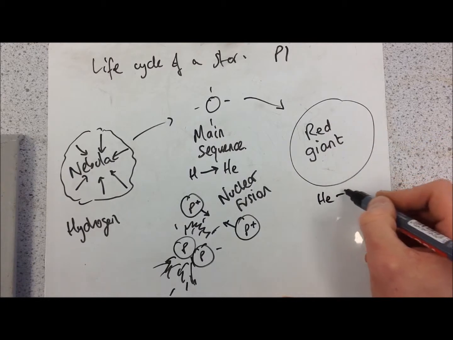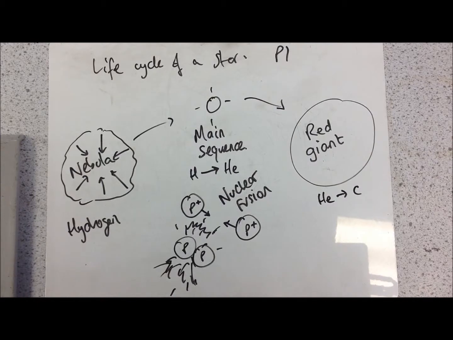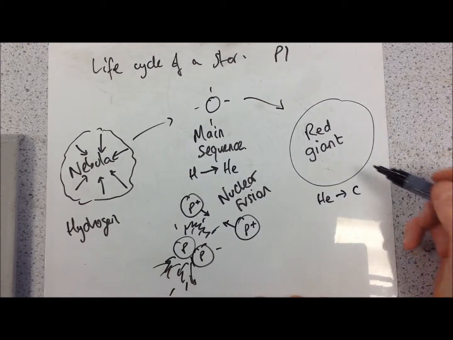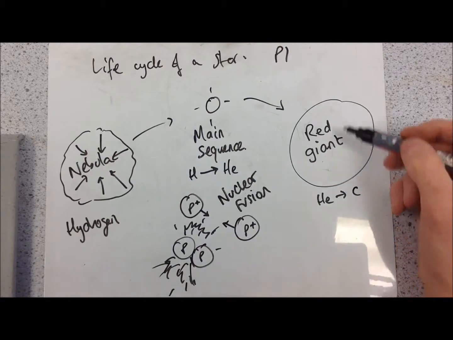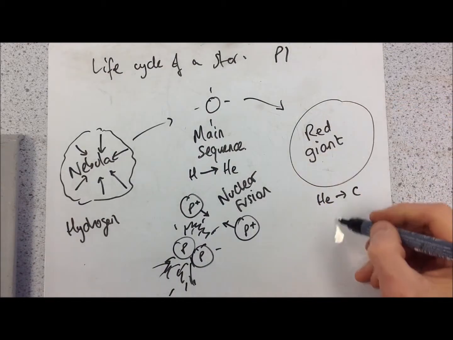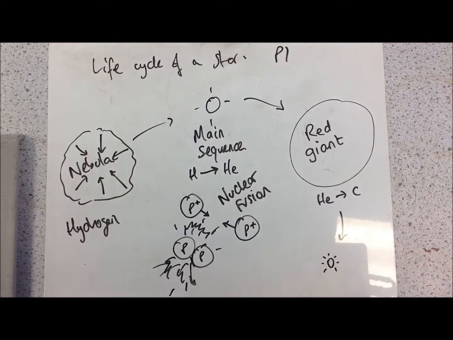Helium will fuse together at this stage to make elements as heavy as carbon. Once the helium runs out and we've got this carbon, the red giant will collapse and make something called a white dwarf.